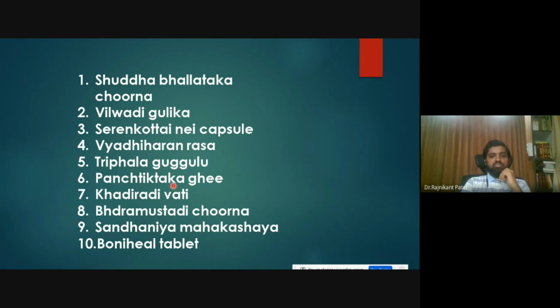Triphala Guggulu, Panchatikta Ghee, Khadiradi Vati, Bhadra Mustadi Churna. These are all medicines available in the market, except Bhadra Mustadi Churna, which no company is preparing. The Bhaishajya Ratnavali has the reference of Bhadra Mustadi Churna that we will be discussing in the next slide. Then I have used Sandhaniya Mahakashaya in tablet form, and also Boni Hill tablet.